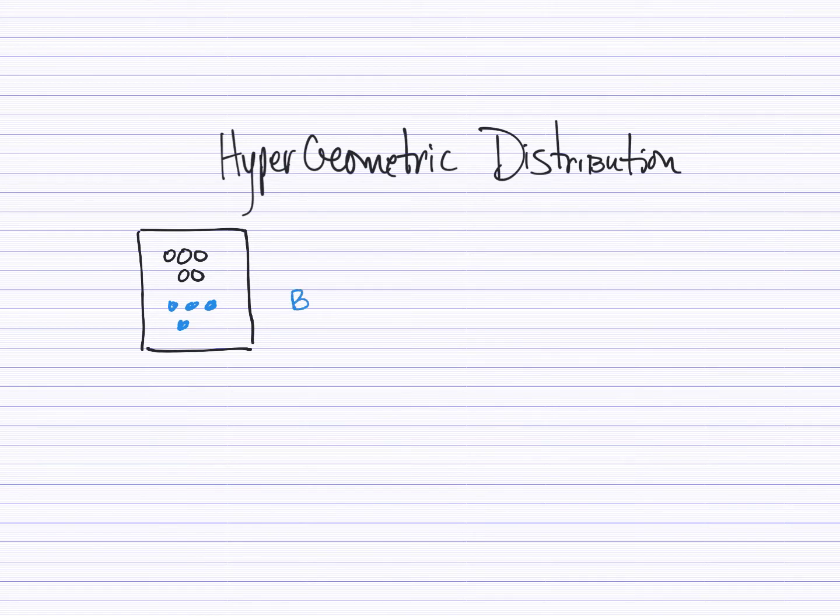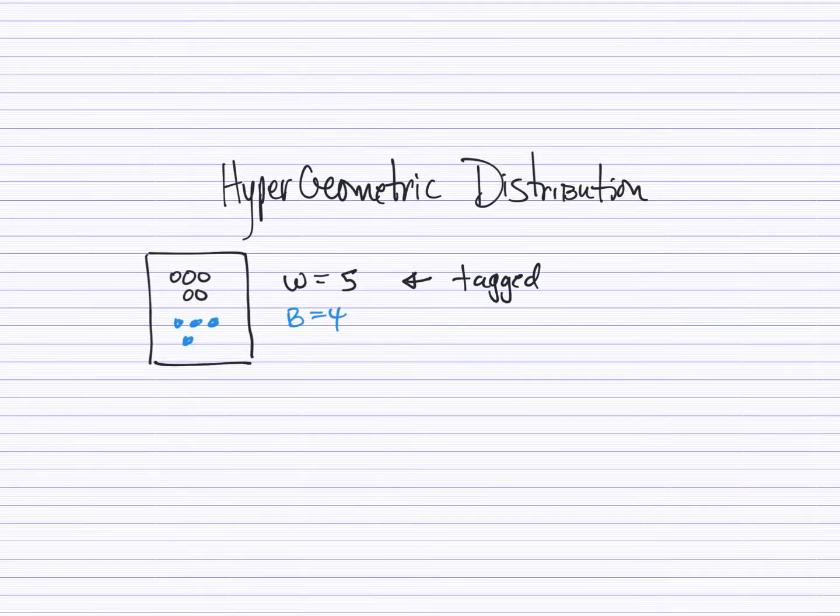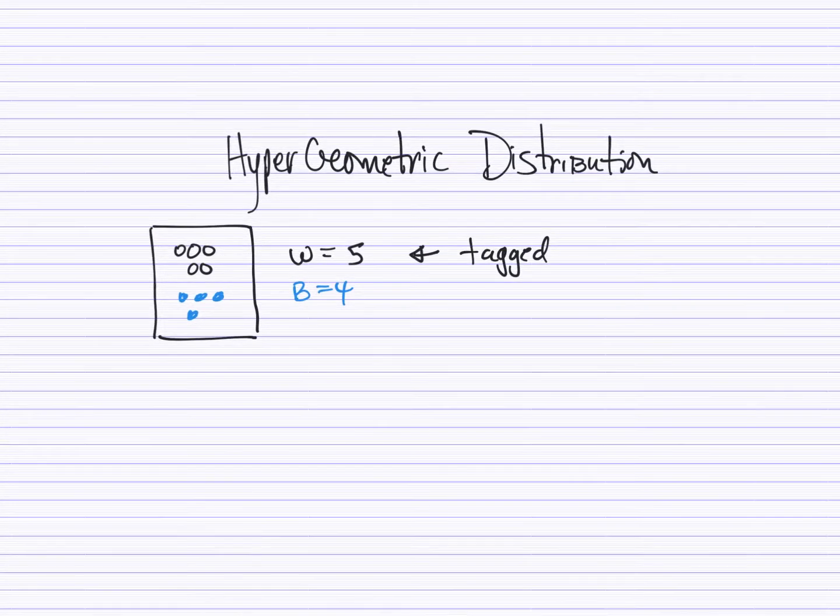We're going to assume that the white ones are the tagged ones in this story. So really, we don't even care if the others are blue or whatever. They're just not white. All right?